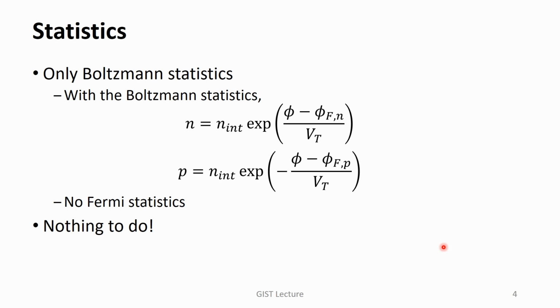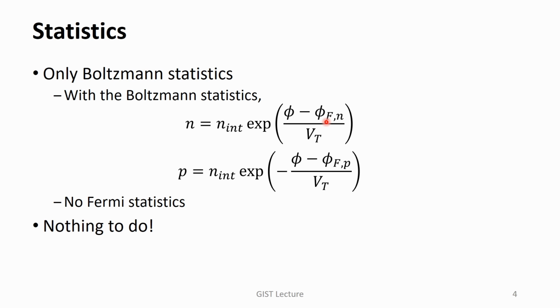Before discussing the implemented features, I would like to talk about statistics. Currently, the G device supports only the Boltzmann statistics. Following the Boltzmann statistics, the electron and hole densities are exponentially dependent on the electrostatic potential and the quasi-Fermi potentials.